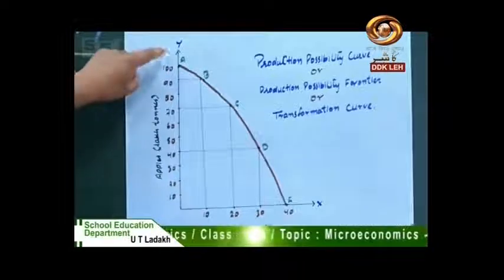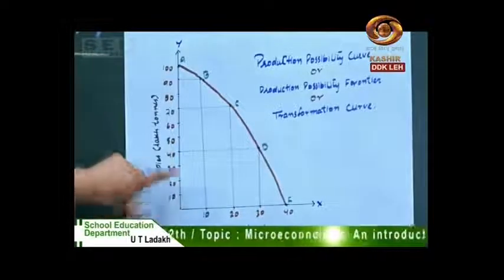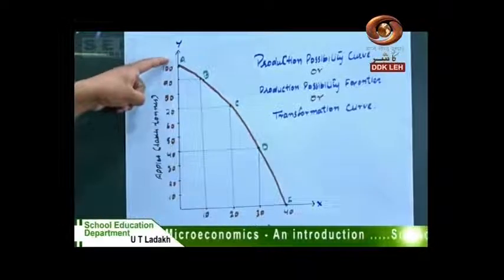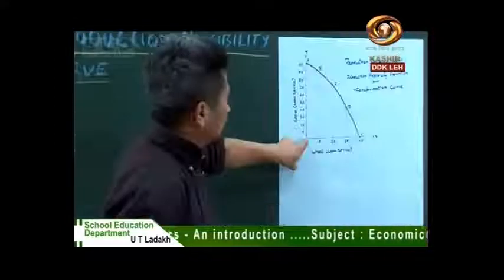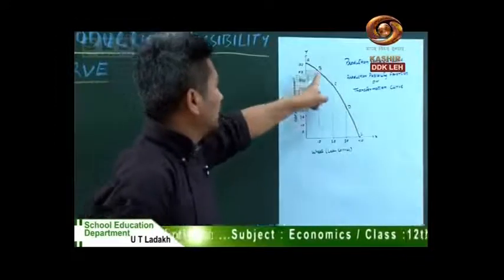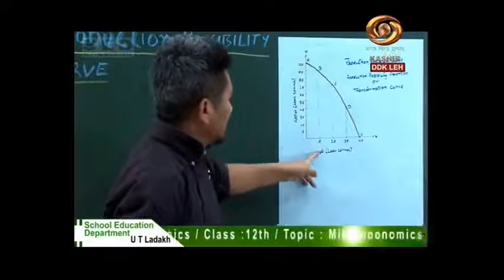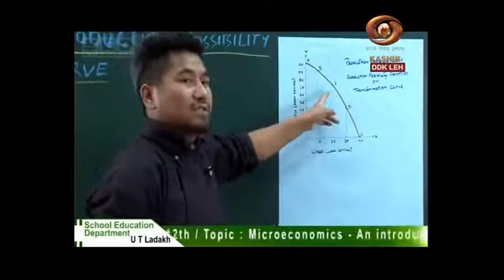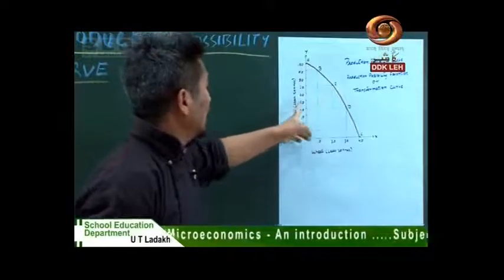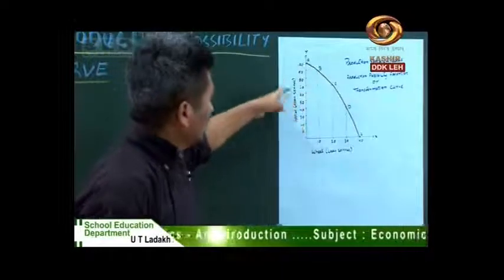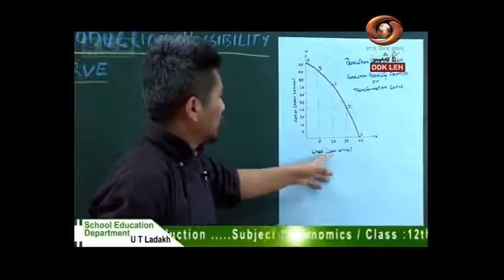At point A, here you produce 100 lakh tons of apples and 0 wheat. At point B, you produce 90 lakh tons of apples and 10 lakh tons of wheat. Similarly, at point C, you produce 70 lakh tons of apples and 20 lakh tons of wheat.